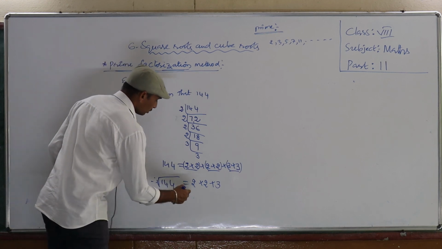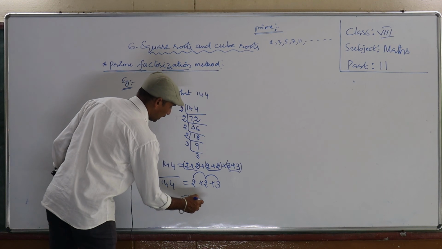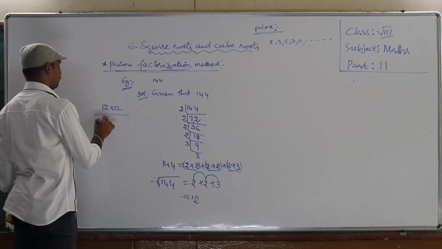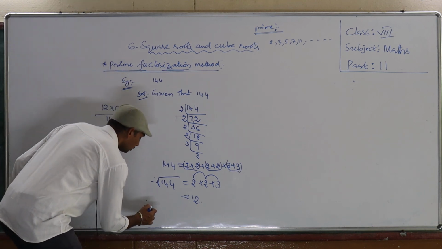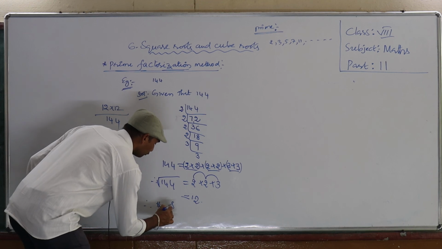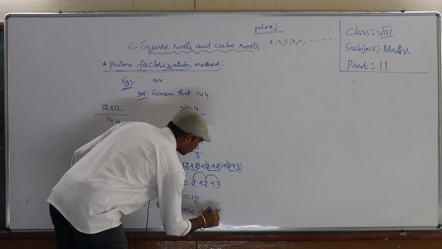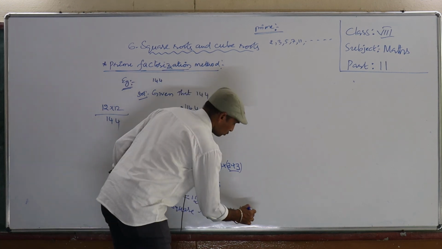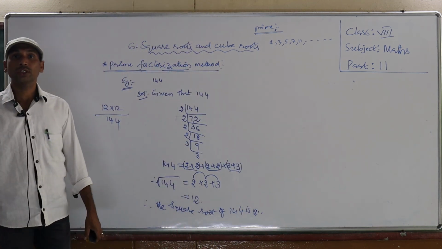So now 2 2s are 4, 4 3s are 12. If you have any doubt, 12 12s are, if you multiply, you will get 144. Therefore the square root of 144 is 12. Children, this is okay.